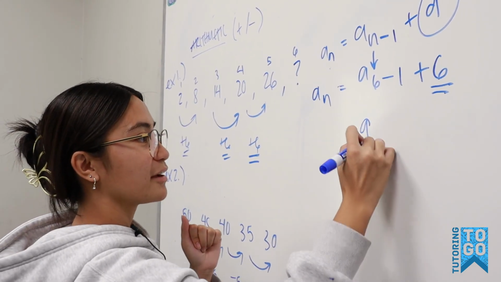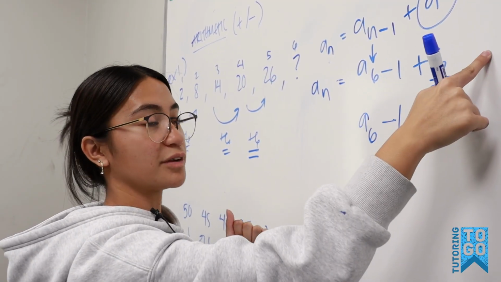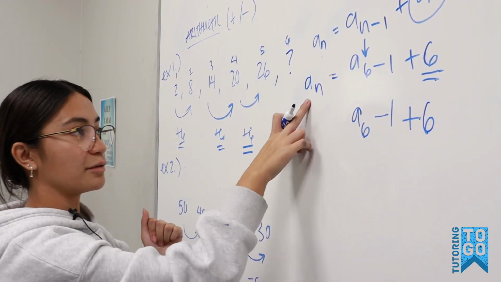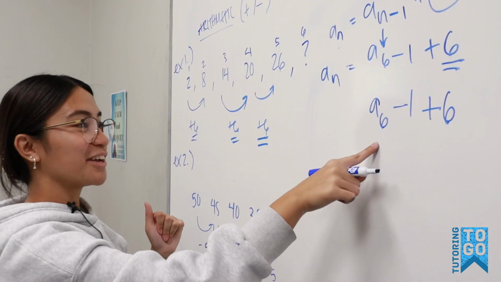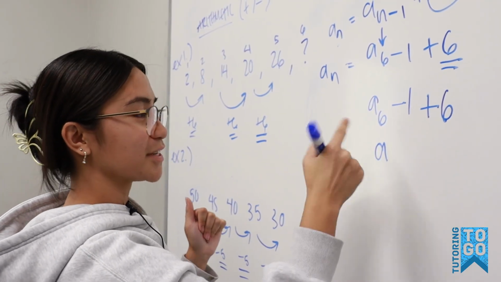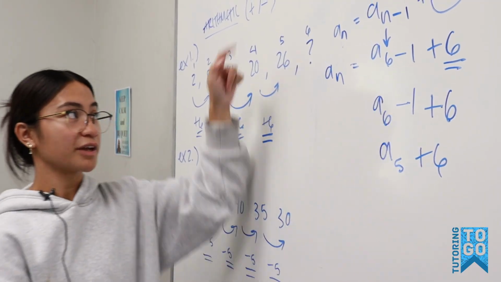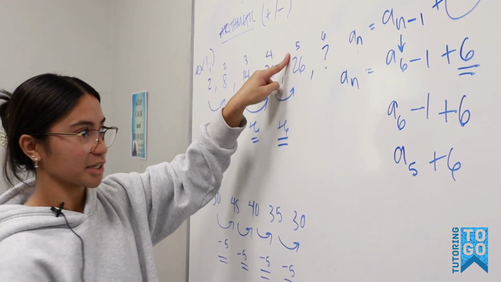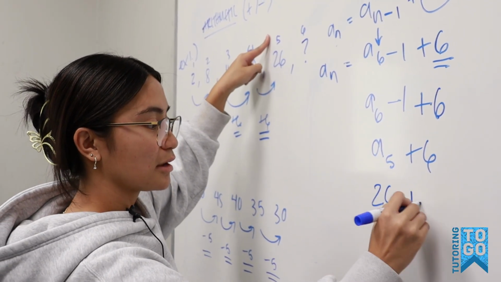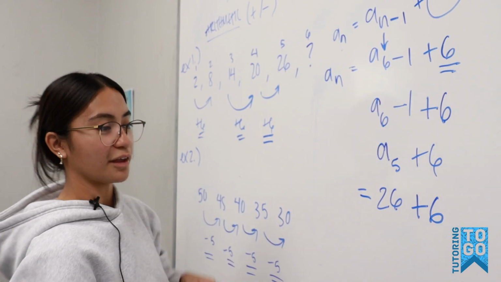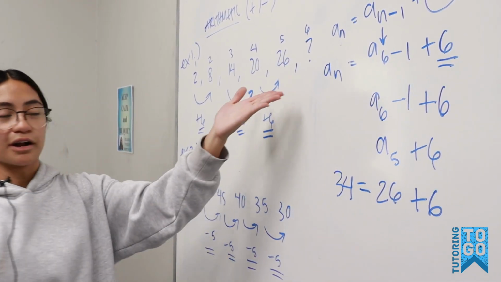So we have a of 6 minus 1 plus our common difference. And 6 minus 1 is 5, so this is just the fifth term, and if we come back here, we know the fifth term is just 26. We plug 26 in, and then we get 34 as our a of n.